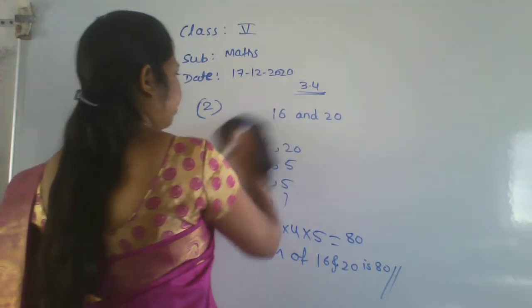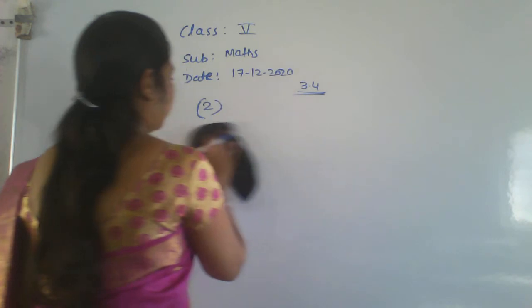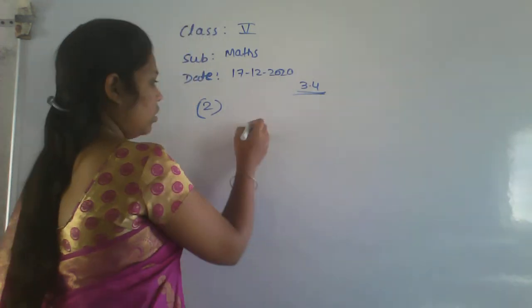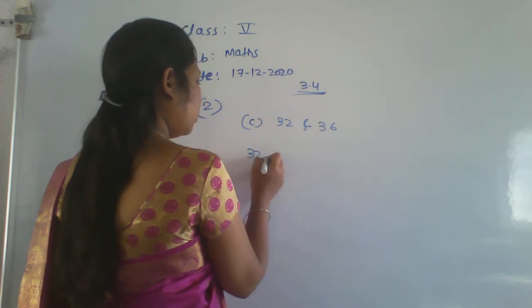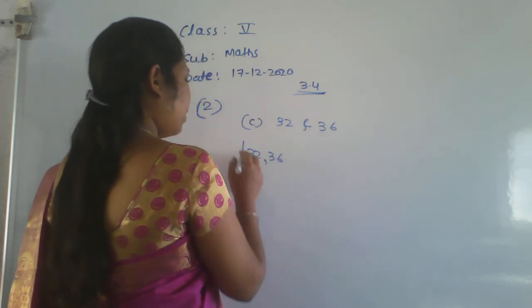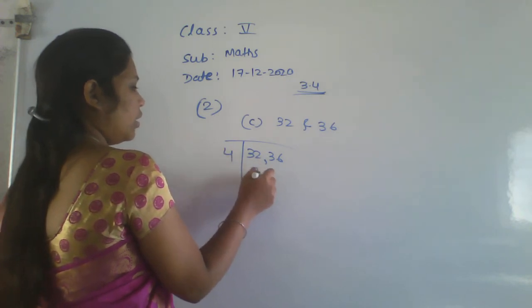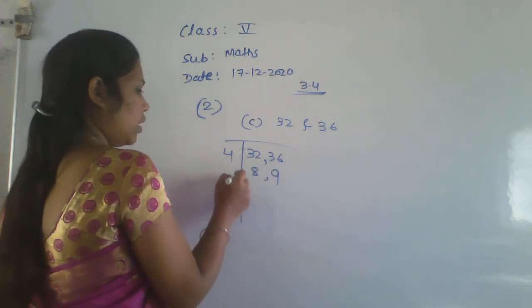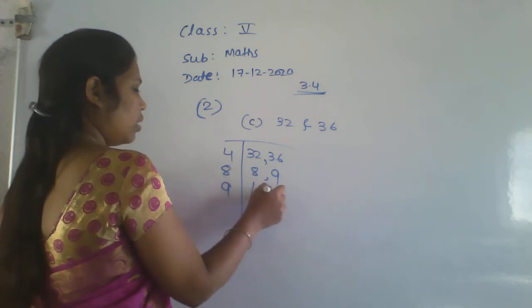Third one: 32 and 36. Both are in which table? Both are in the 4 table, right? 4 8s are 32, 4 9s are 36. Next 8 1s are 8 and 9 1s are 9.